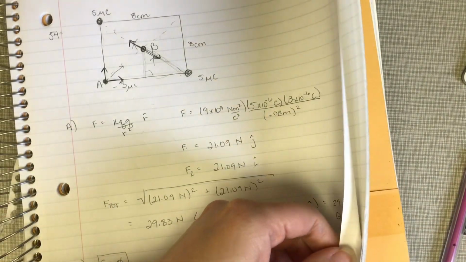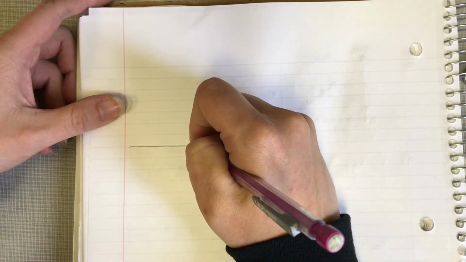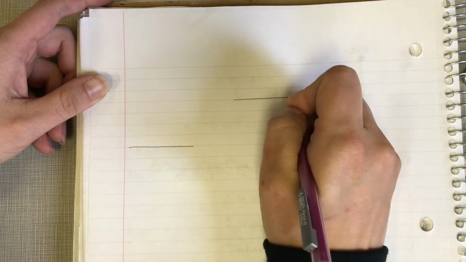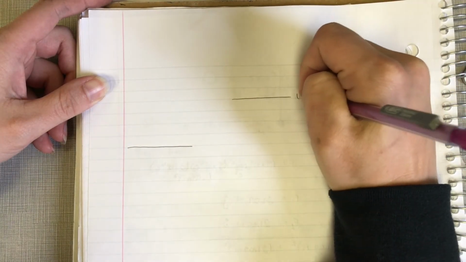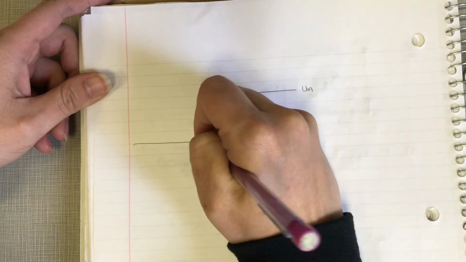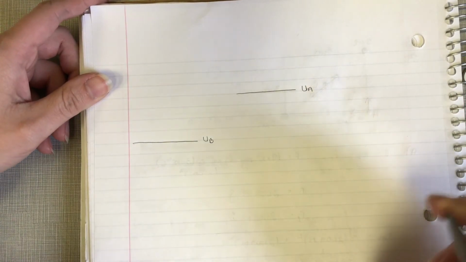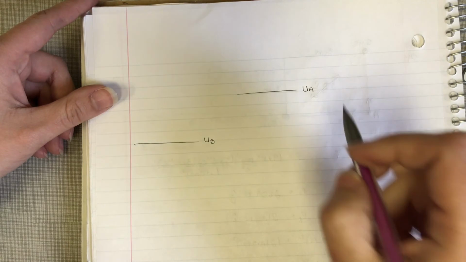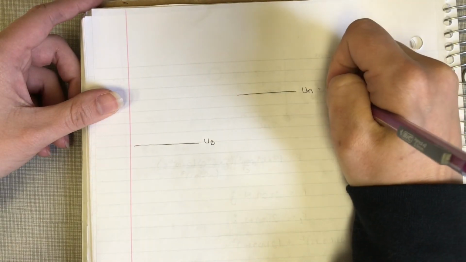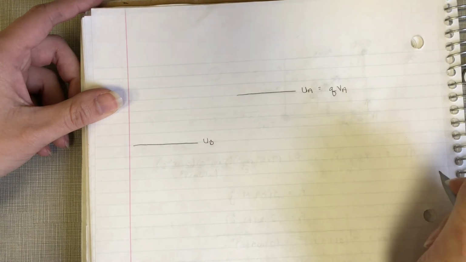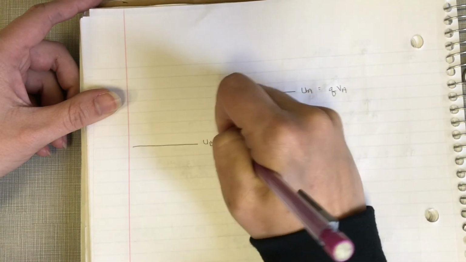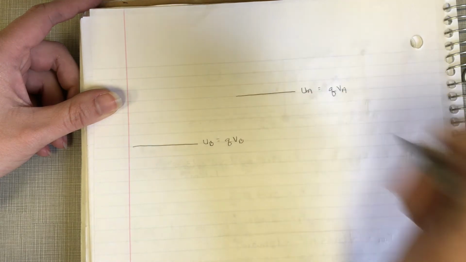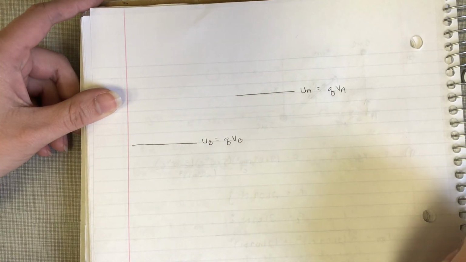And here, we'll draw a picture. Pictures are nice. All right, so here's our original. So UA, we said was greater than UB because our work was positive, right? So UA is Q times VA, and UB is Q times VB, right?